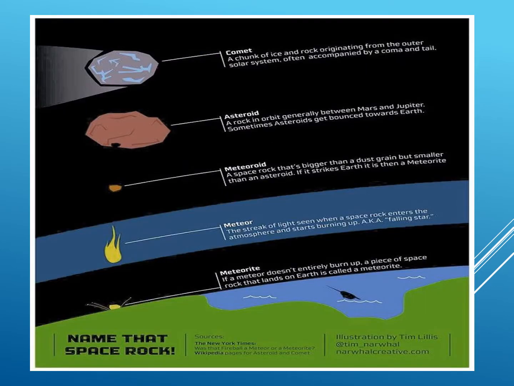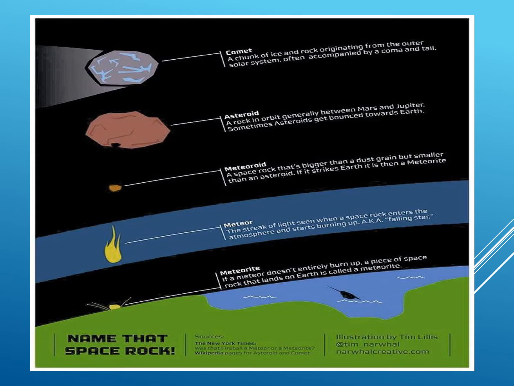A very interesting fact about these objects is the distances, and aside from that, the differences when a meteoroid enters the Earth's atmosphere. So what are the correct terms to use?